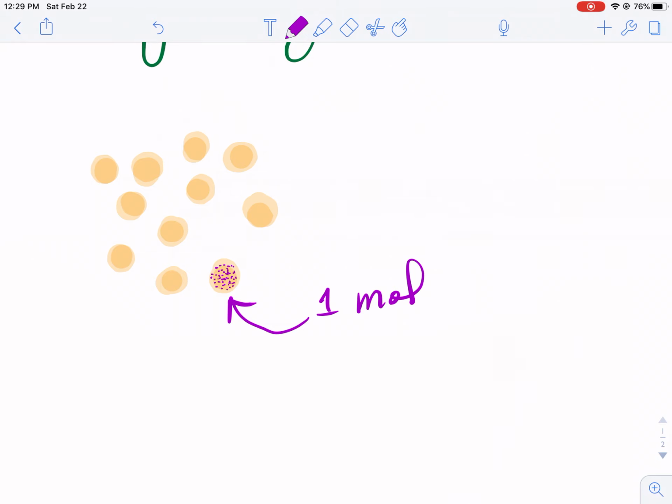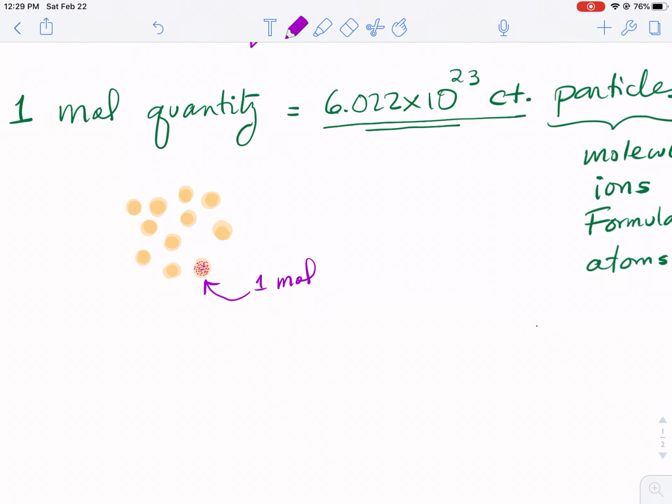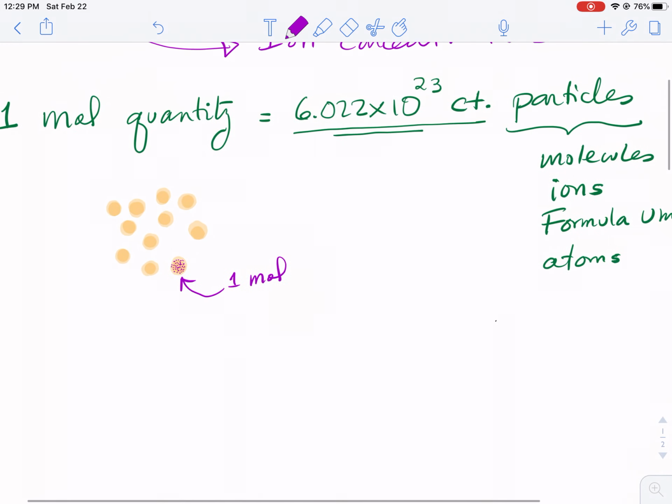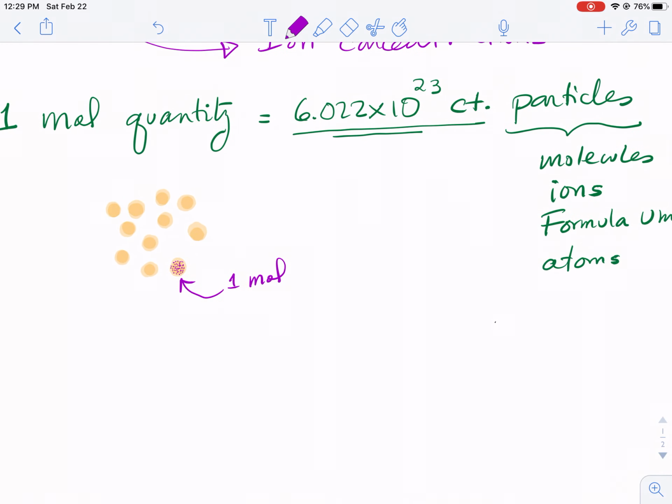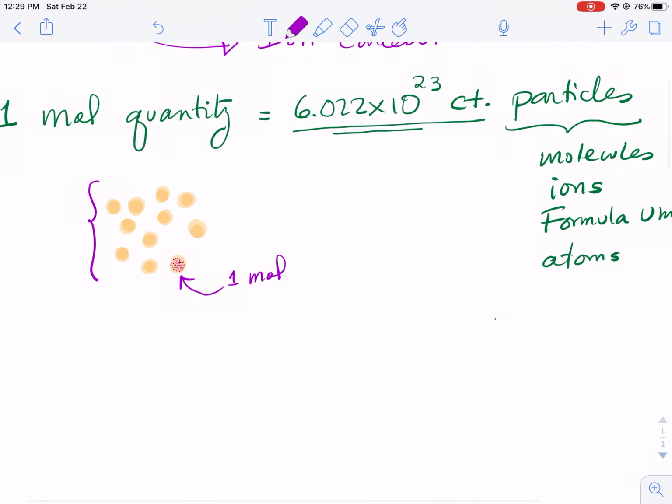But this one lump of particle is 1 mole. So in this particular example, with this many lumps, I have 1, 2, 3, 4, 5, 6, 7, 8, 9, 10, 11. Let's just make it round and make it 10 moles. So altogether we have 10 moles.